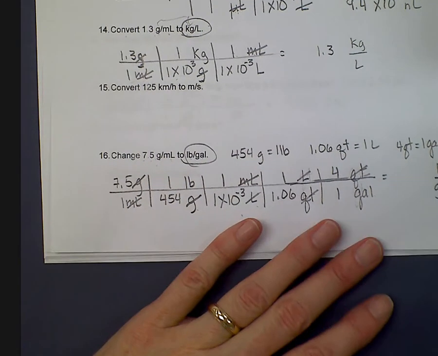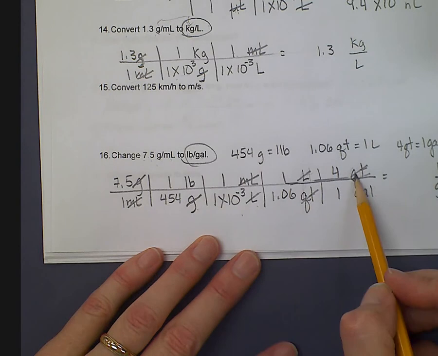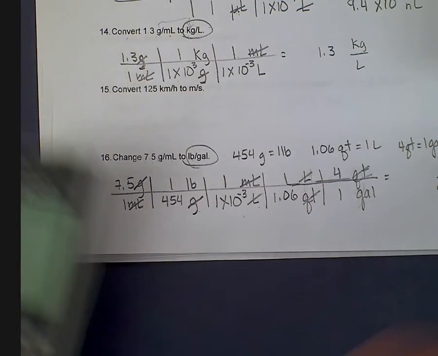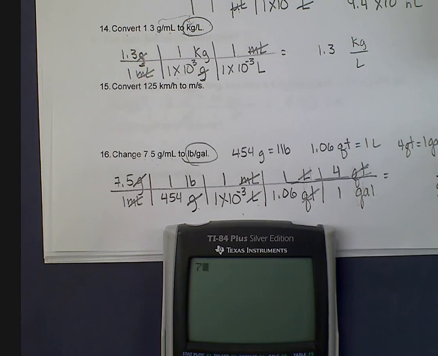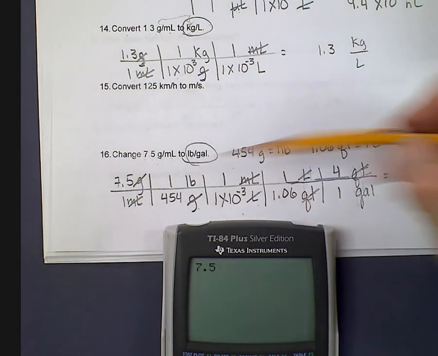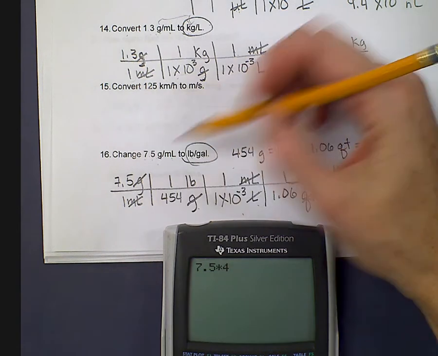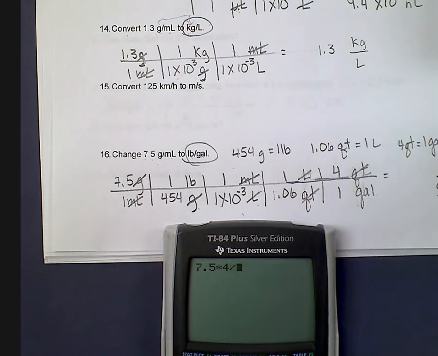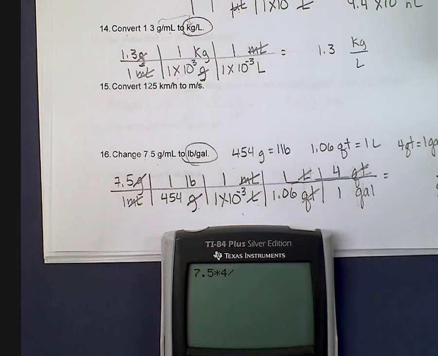Phew. Alright, so now I'm going to multiply across the top and divide by what's on the bottom. 7.5 times, I'm going to ignore the 1, 4. So I have 7.5 times 4 divided by all these numbers that are on the bottom, divided by 454.